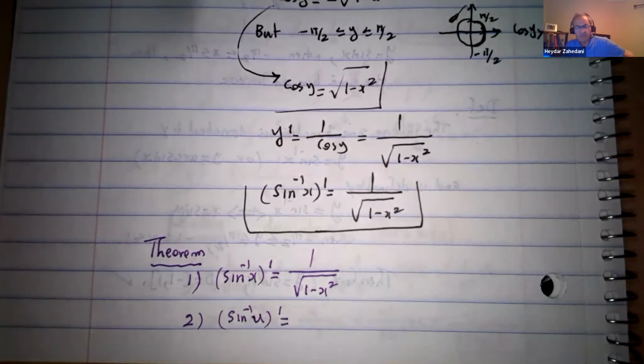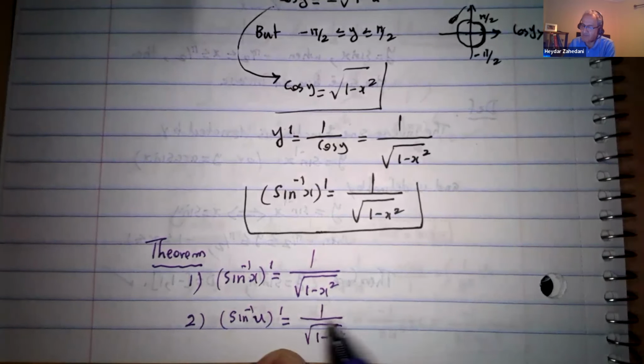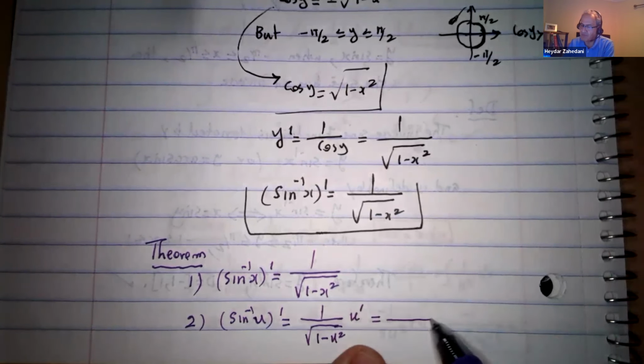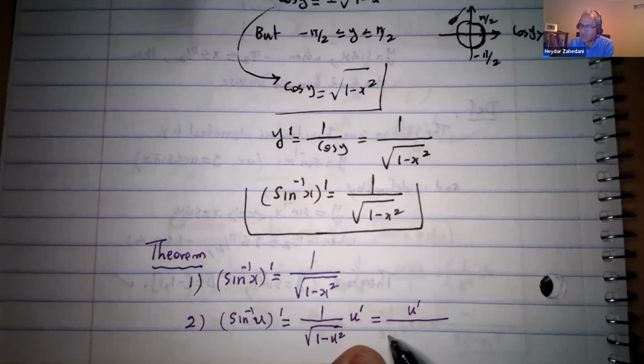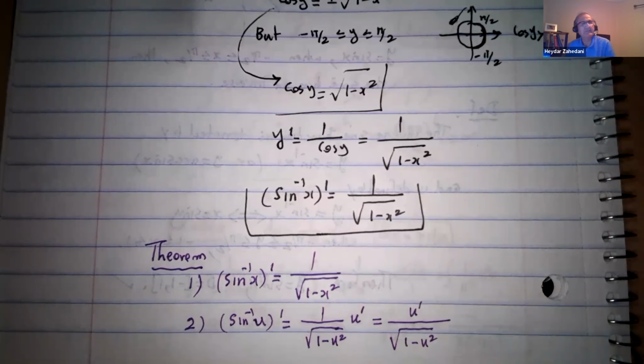It's a composition of two functions, the sine inverse function and the u function. The derivative of the sine inverse is 1 over the square root of 1 minus u squared, but you have to multiply by u prime. So it's going to be u prime over the square root of 1 minus u squared.